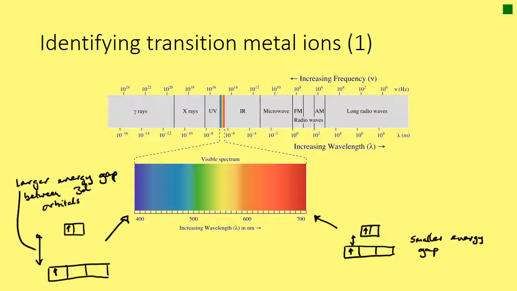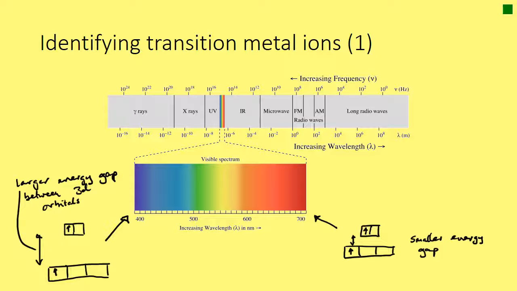They should all be about the same size as boxes, but let's draw here a larger energy gap between the 3d orbitals. And I've drawn that here because that's going to correspond to a higher energy level of visible light that's absorbed.